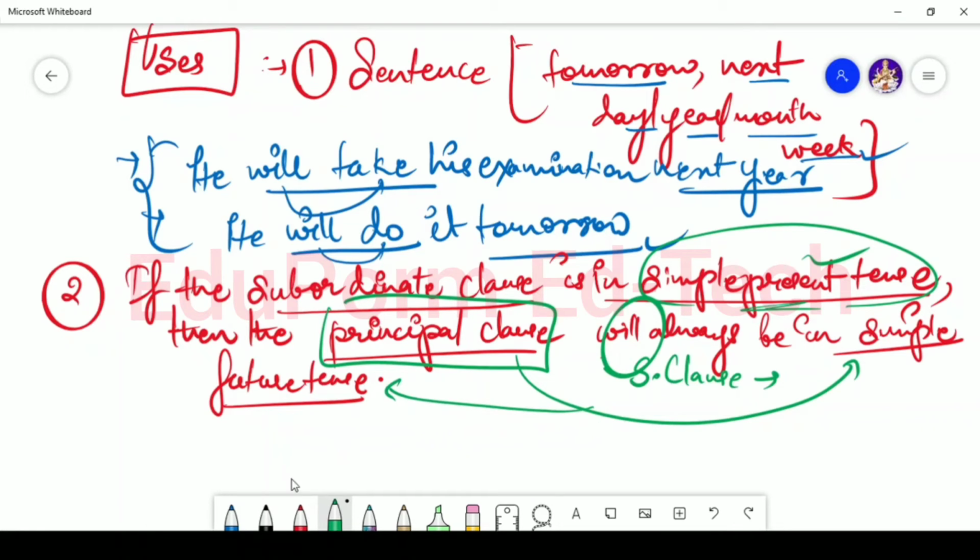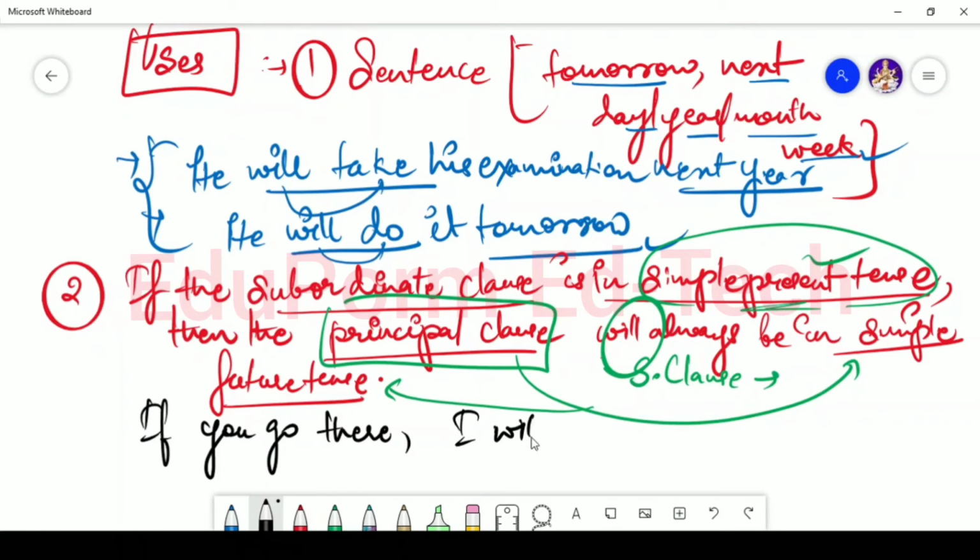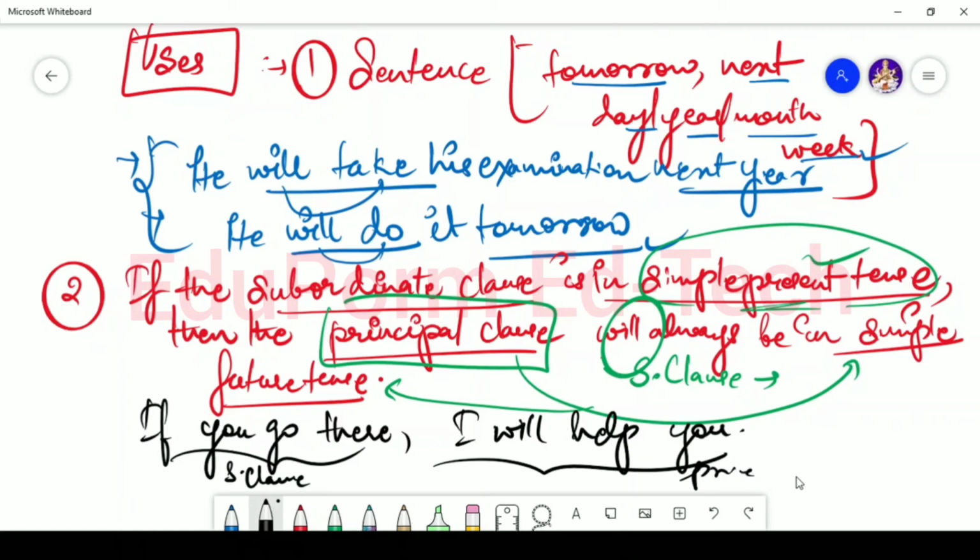Got it? Let's say for example, if I am saying that if you go there, I will help you. Okay, if you go there, I will help you. So if you see here, this is a subordinate clause and this is the principal clause.